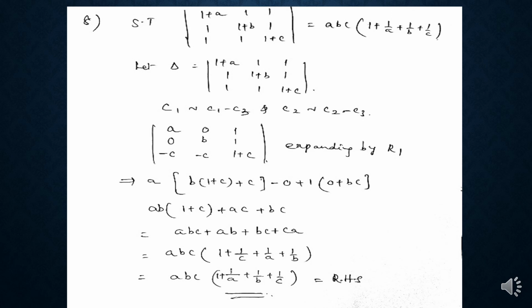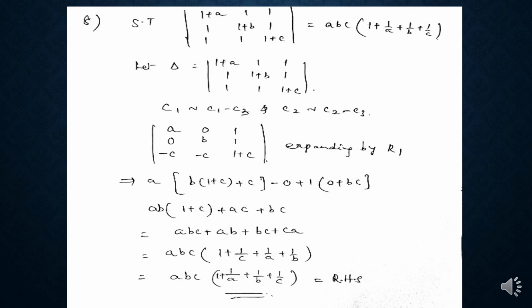So that is a into b into 1 plus c plus c, that is ab into 1 plus c plus a into c, that is ac, minus 0 plus 1 into bc.